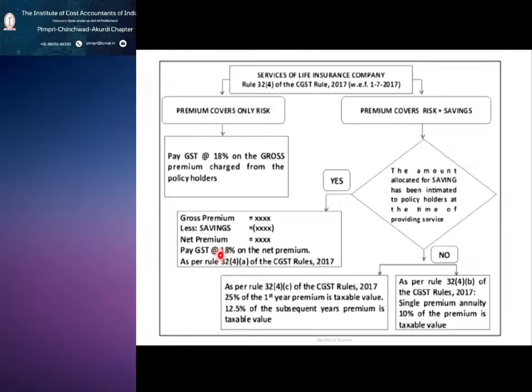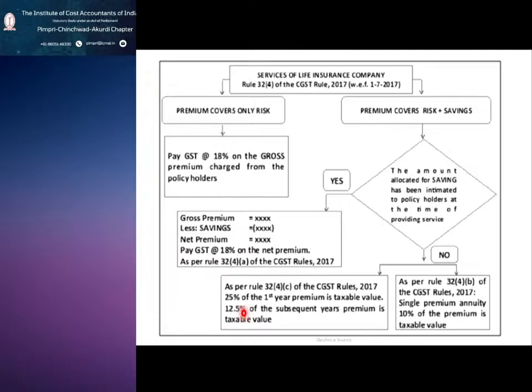In that case, the insurance company will calculate the taxable value of supply as per that. Otherwise, we have to go with 25% of the first year premium.